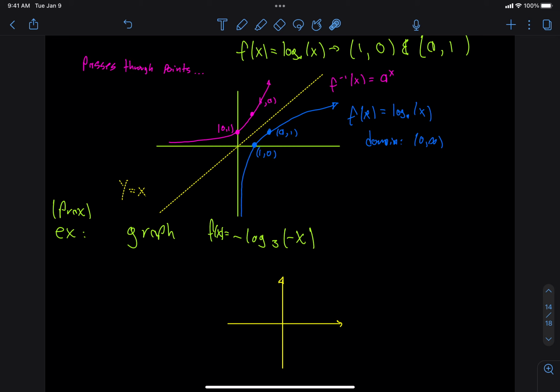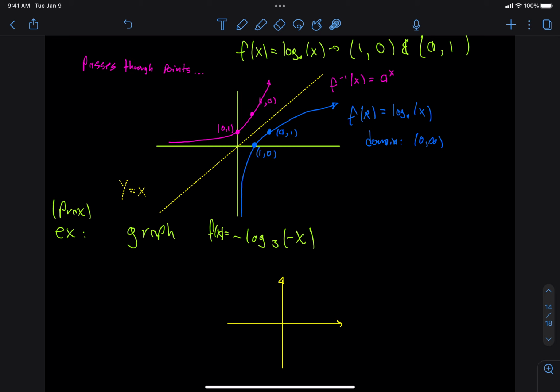Well, I think we agree that we can't do the log of a negative, right? But if x is negative, then negative x will be positive, right? No? Okay. Well, it's just practice.